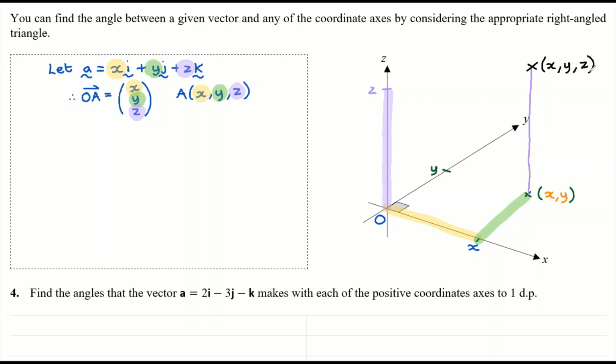Considering all 3 dimensions, I can now draw my position vector. Now my position vector is called A, as we defined it right here. So I need to draw a vector that's going to go from the origin to the point A. So let's do that. So starting at the origin, and this is traveling in 3 dimensions.